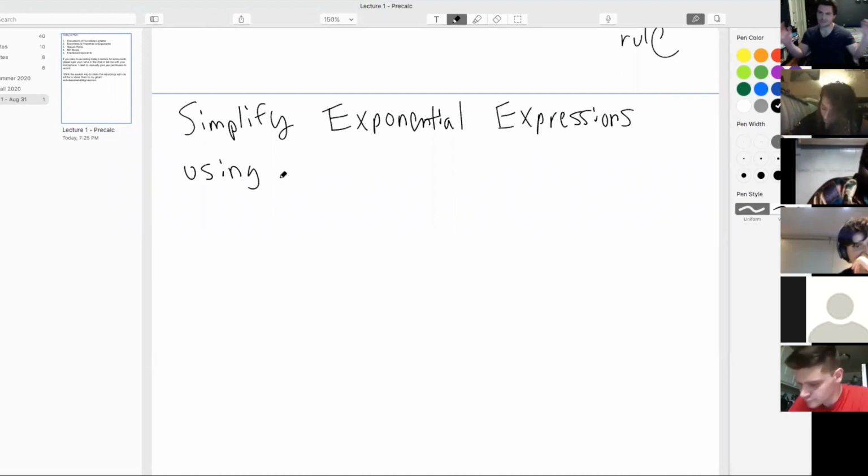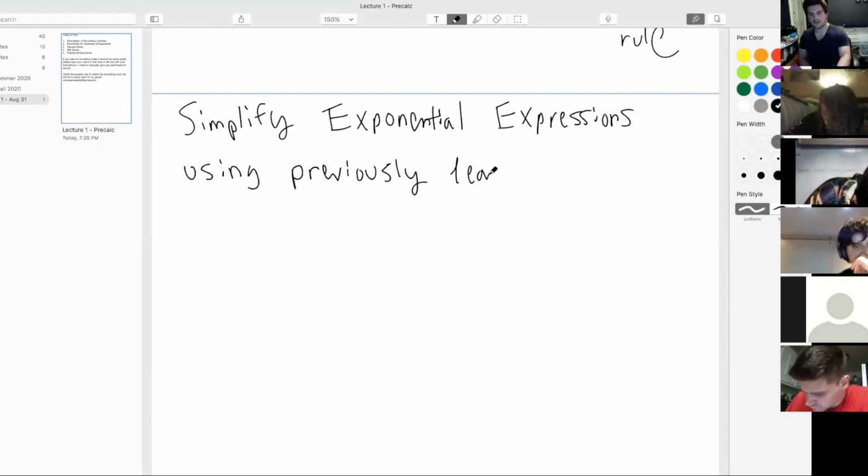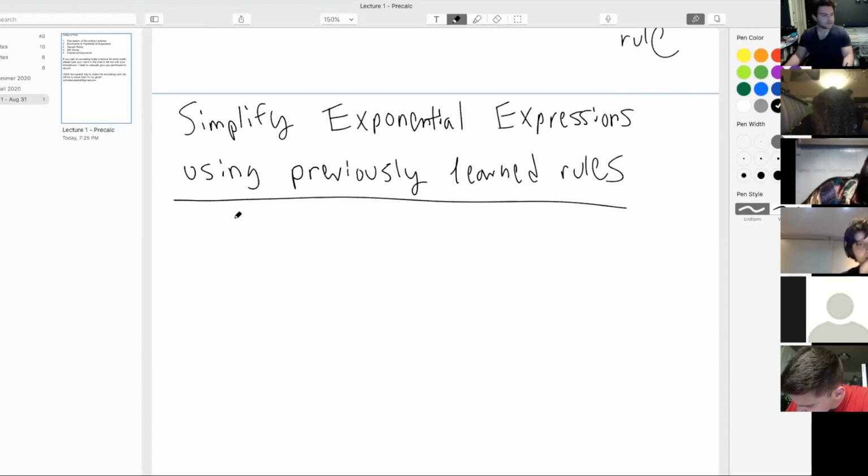We're going to use everything that we just learned to simplify some expressions. All right, so let's see what this looks like.